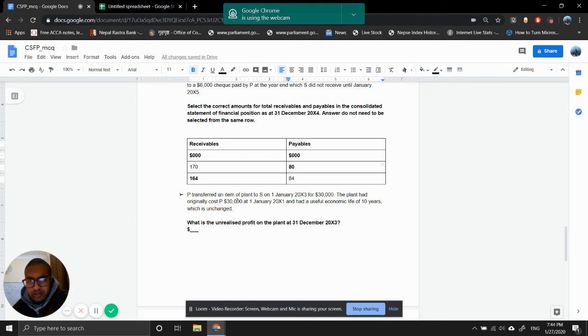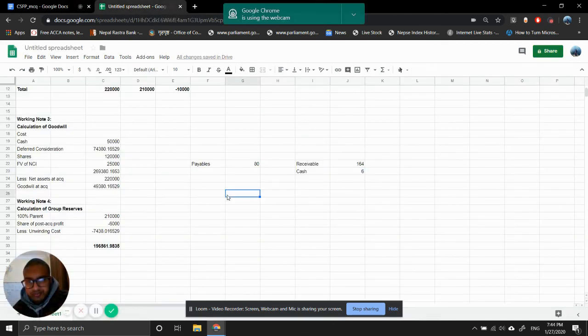So it's been used for 1 year, 2 years, right? So how much will be the depreciation for 2 years? So plant 30,000, and then the depreciation would be this divided by 10 into 2.